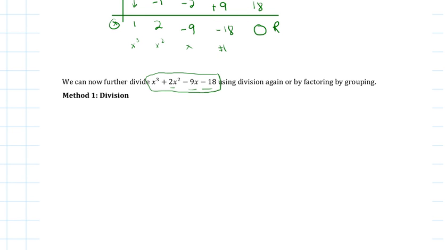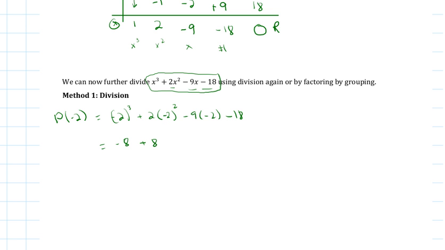And I'm going to have to find factors of this. So the factors, again, of negative 18, which we've seen before, plus or minus 1, plus or minus 2, and so on and so forth. Let's use p at -2. So that's going to be -2 cubed plus 2 times -2 squared minus 9 times -2, and then take away 18.